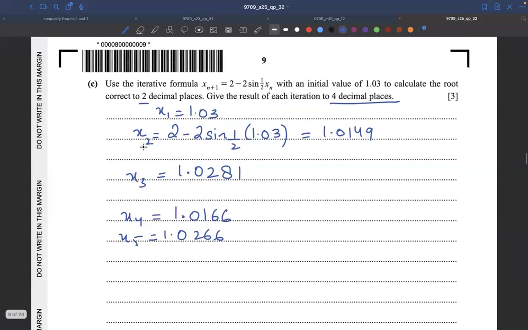So substituting this value back in, 1.0266, and we are getting 1.0179. And we have to show enough iterations to show that the answer is correct to the same two decimal places consecutively.